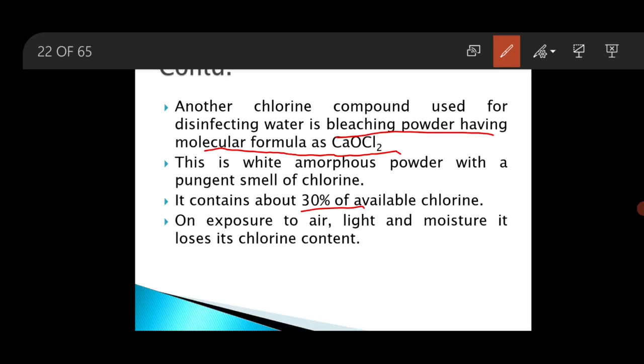Hypochlorite and bleaching powder are generally not used in modern days for treating public water supplies, mainly because they raise the pH value of water due to the lime content, and they contain a very low amount of chlorine.